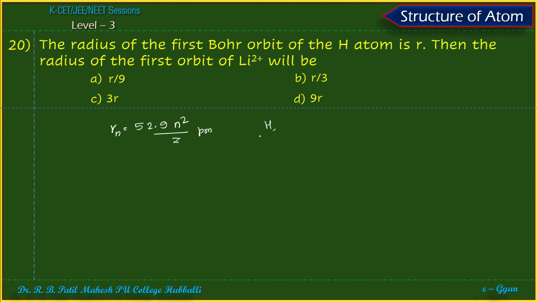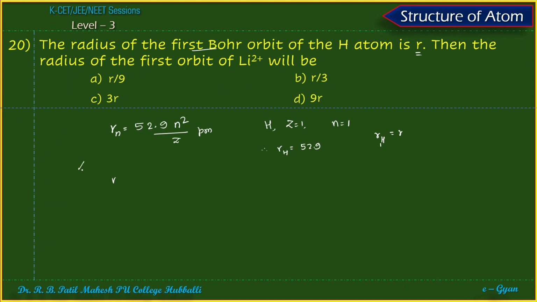Considering the hydrogen atom where Z equal to 1 and the first Bohr orbit where n equal to 1, therefore R1 of hydrogen atom is equal to 52.9 only, but it is given as R. Therefore the radius of the first Bohr orbit of hydrogen atom is equal to R.